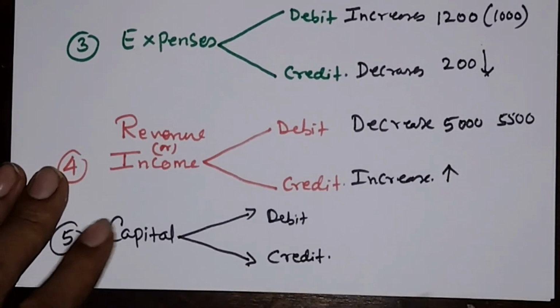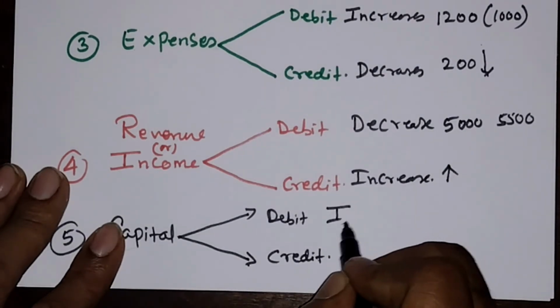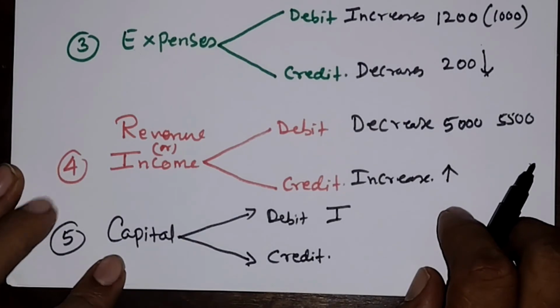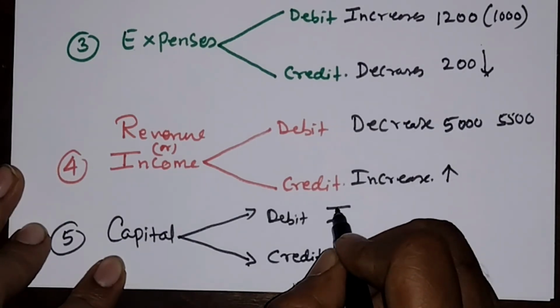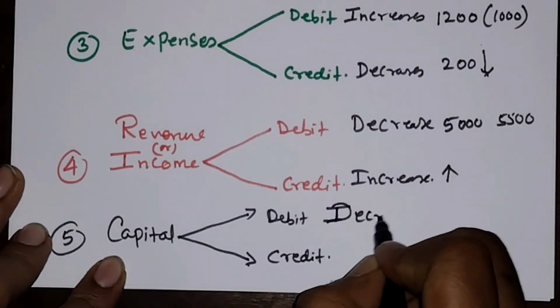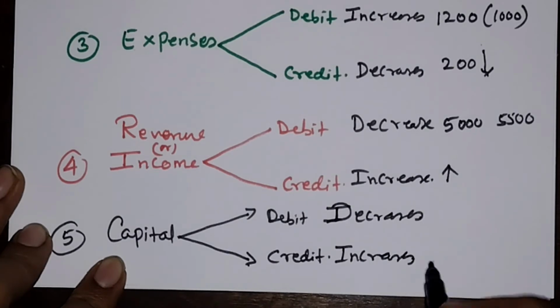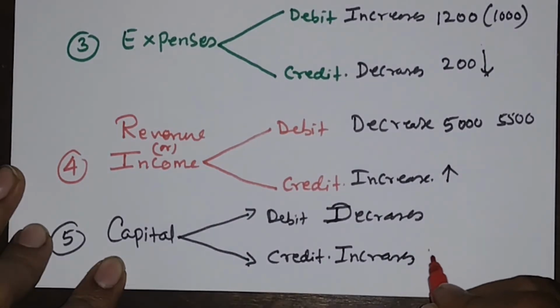Next, coming to capital. If investment is made, we will record it in capital. Now debit decreases and credit increases. Increase means capital investment.